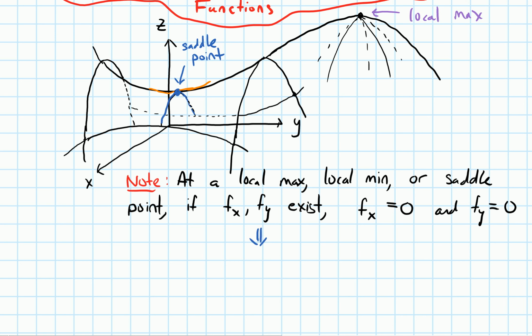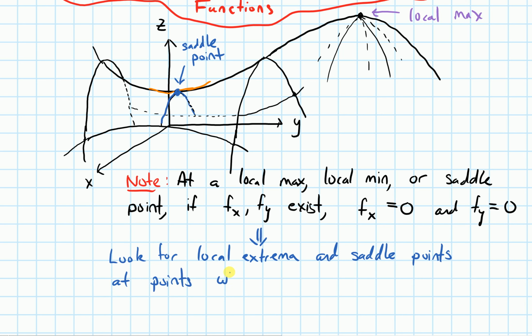So that said, what we are going to look for when we look for local extrema, that means local mins or local maxes, and saddle points, we will look for those at points where those partial derivatives, so the partial of f with respect to x and the partial of f with respect to y, both equal 0. So that is what we're going to be looking for.